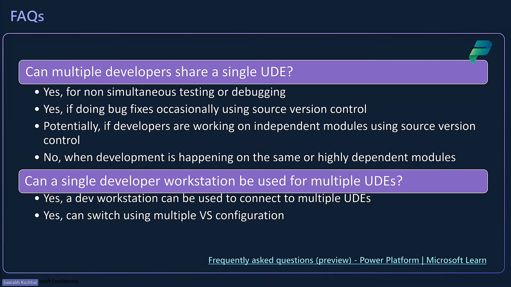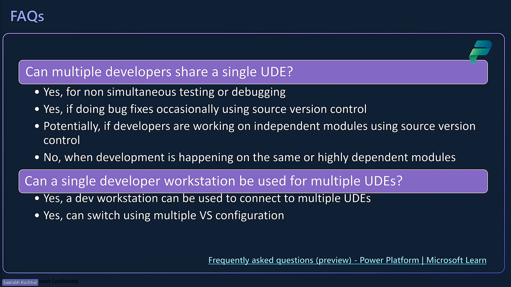This is one of the questions we get a lot. Can multiple developers share a single UDE? The answer is yes and no. It depends. If you are looking to use the environment for testing some features or debugging, sure, you can. If you are doing bug fixes occasionally using version control, you can.